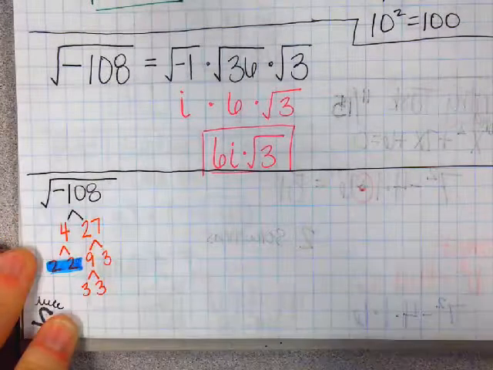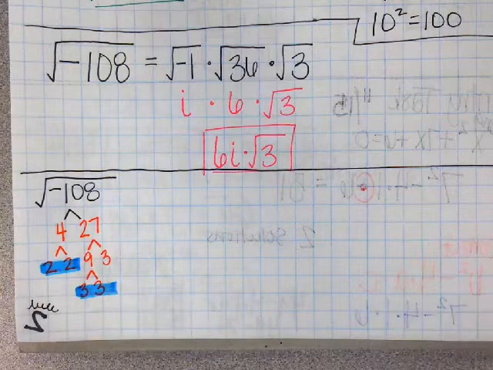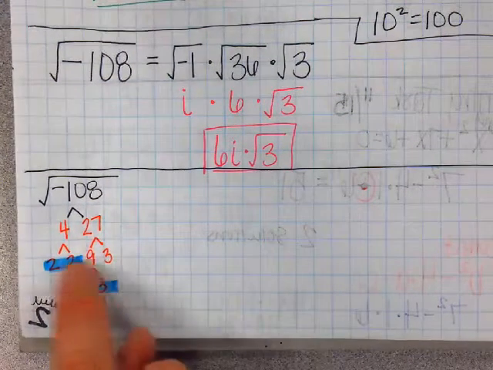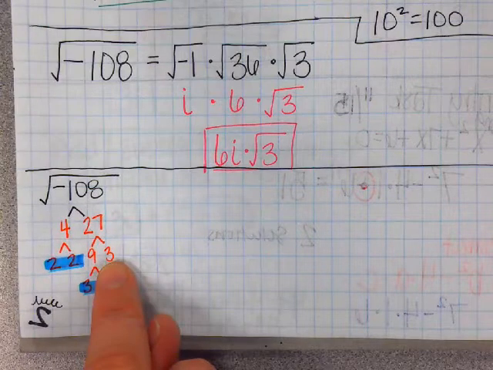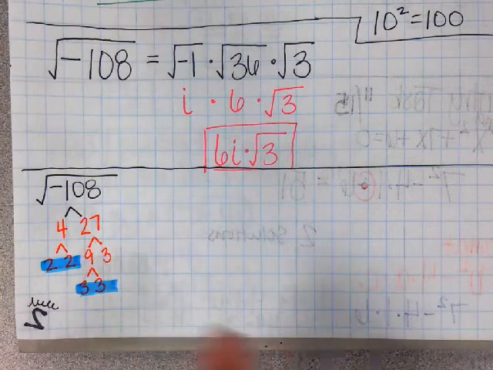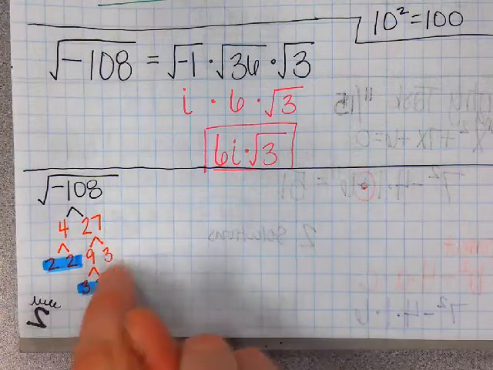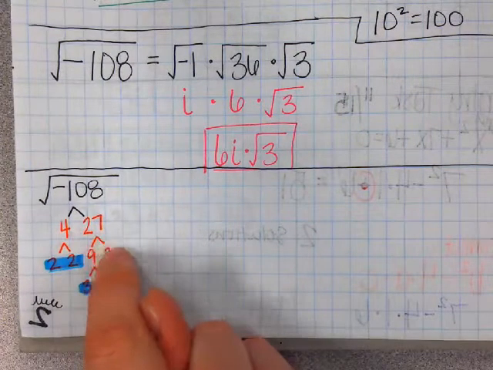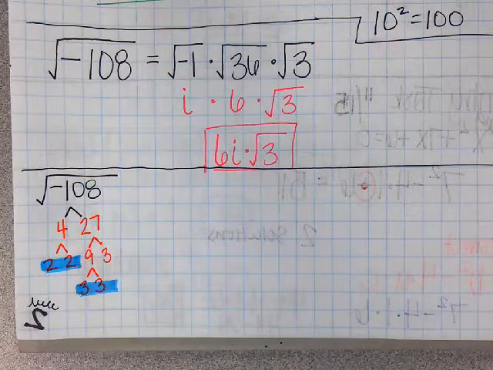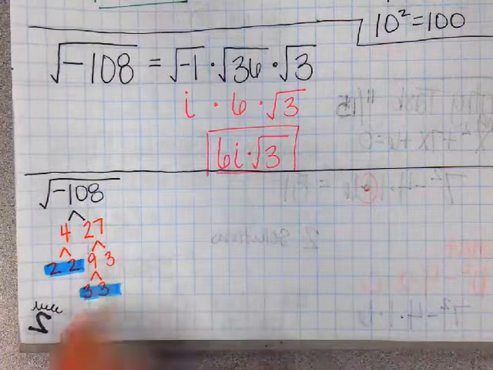So find the pairs. And you always have to find the pairs when you do the factor tree. So 2 and 2 and 3 and 3. Now, the ends of all of these is where you have to look. This 3 is at the end of one of the tree branches, so it is the remaining factor.